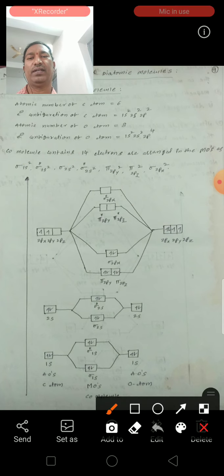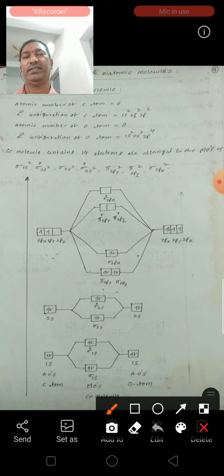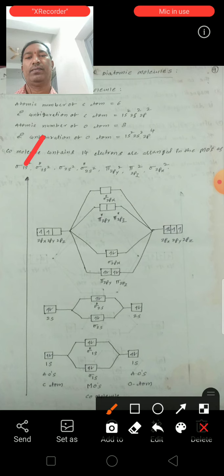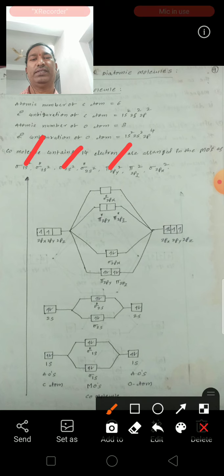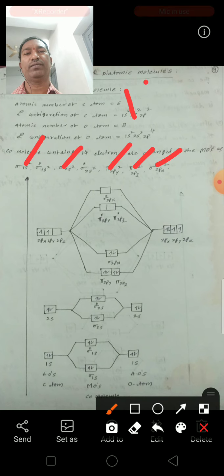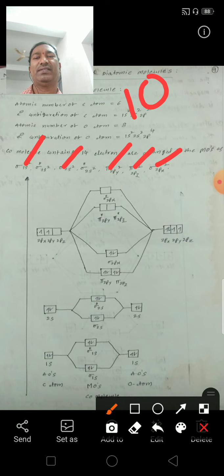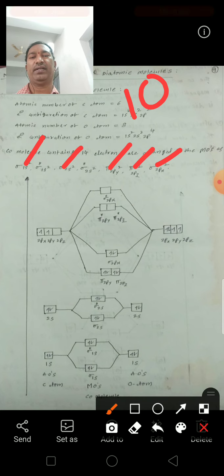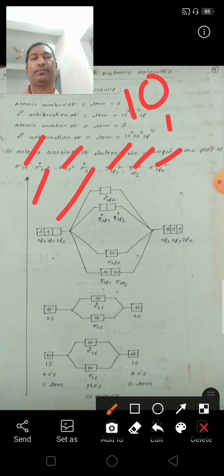The number of electrons in bonding molecular orbitals is 2 plus 2 is 4, plus 2 is 6, plus 2 is 8, plus 2 is 10, total 10. The number of electrons in antibonding molecular orbitals is 2 plus 2, total 4.